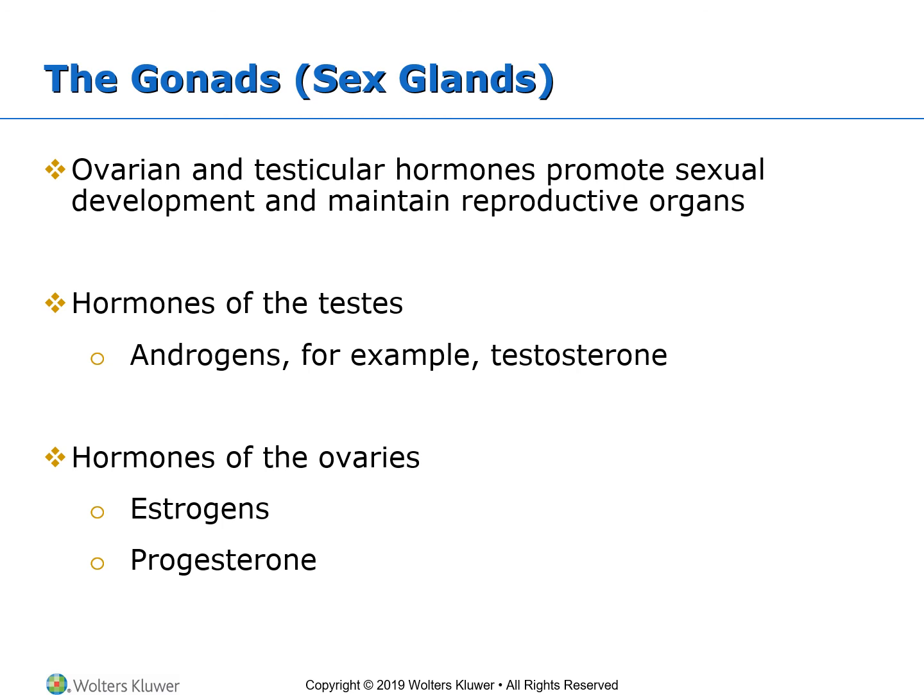There will be development of breasts in females, and growing facial hair and body hair in certain areas as opposed to other areas in females. There will be a deepening voice in males. So in terms of hormones, the testes will produce the androgens, with the main product being testosterone, while in females, the ovaries will produce estrogen and progesterone.